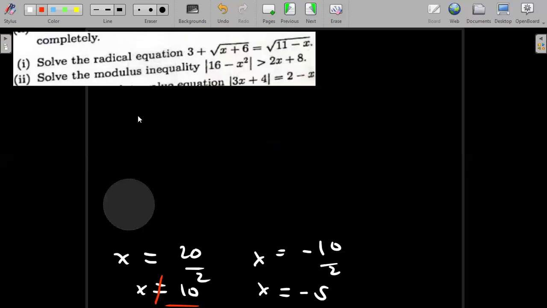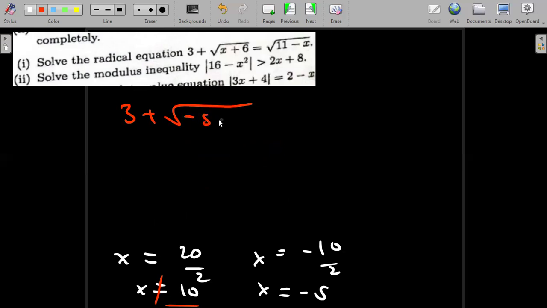Then we check the other one, which we're going to now check, is the negative 5. So replace 3 plus root. You have negative 5 plus 6, and you have this is equal to 11. So minus minus gives us plus. So we get plus 5 there.